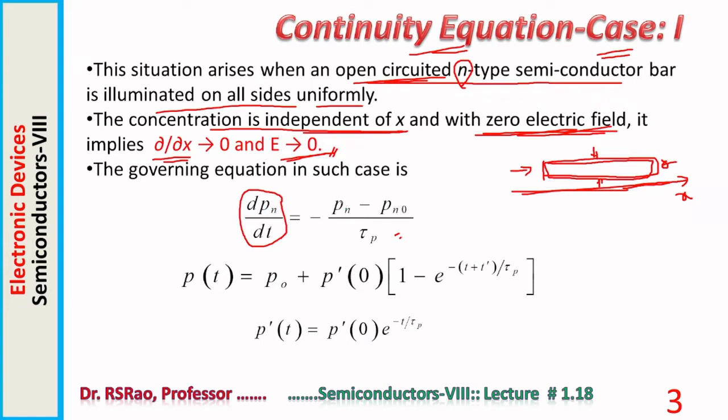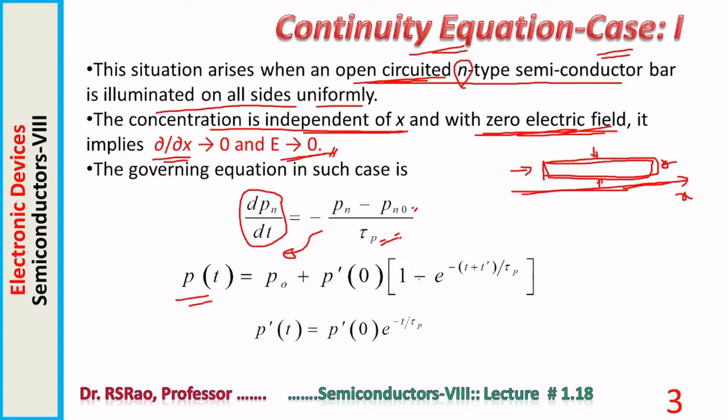Pn is the hole concentration in the n semiconductor. Pn0 is the hole concentration in the n semiconductor under equilibrium condition. τp is the lifetime of holes.